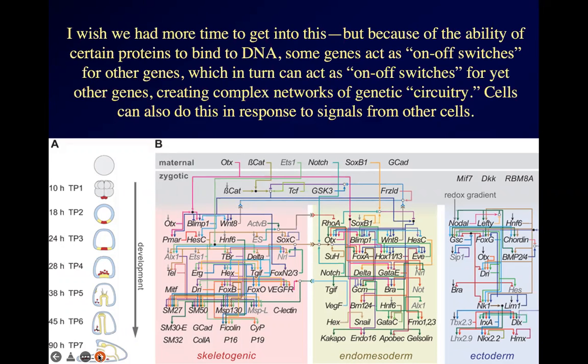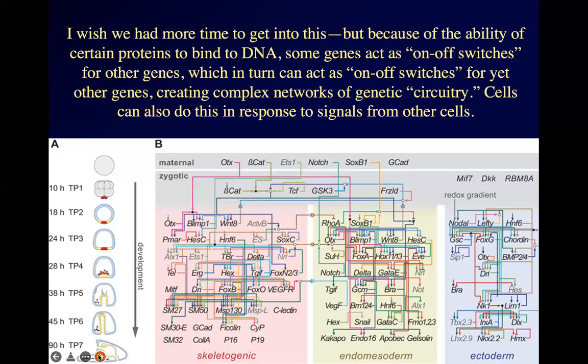As you go from a fertilized egg to like 2 cells to 4 cells to 8 to 16 to a ball of cells that develops a gut, on and on and on. As you go through all of these stages, one set of genes may be expressed, they'll be transcribed and translated, and their proteins will switch on or switch off another set of genes, and those genes will switch on or switch off a third set, and those will switch on or switch off a fourth set.